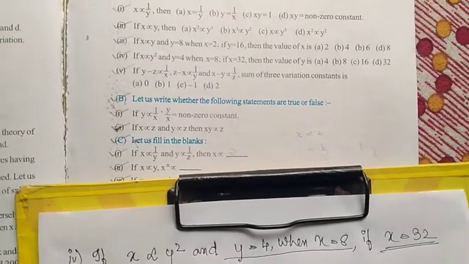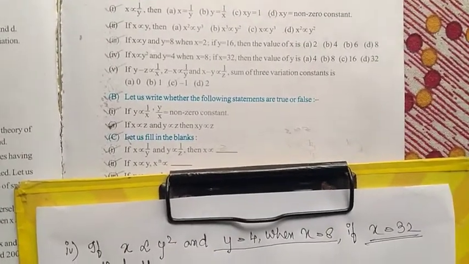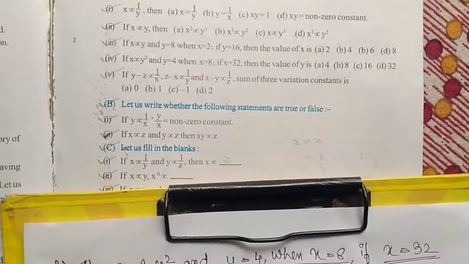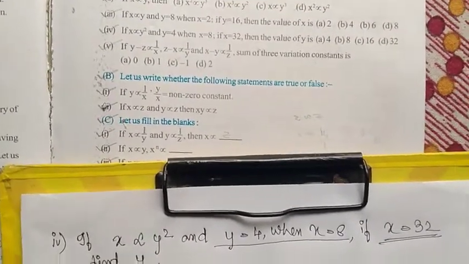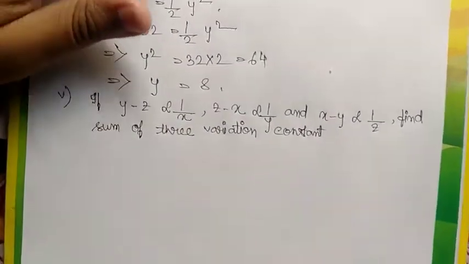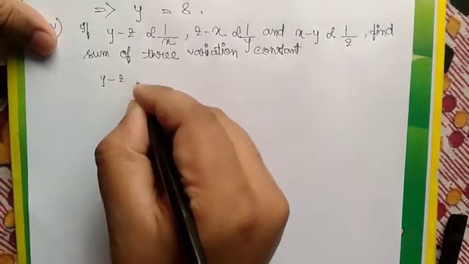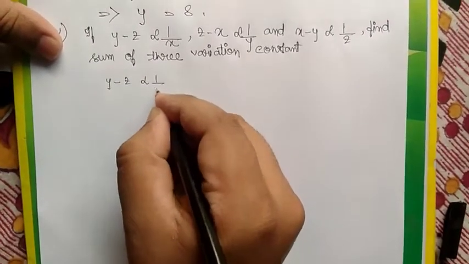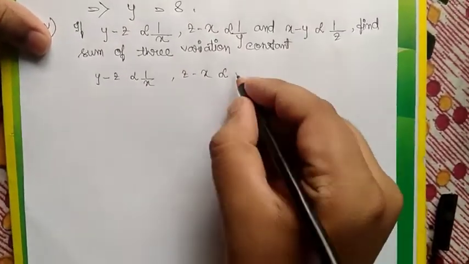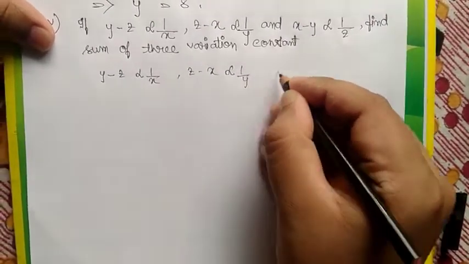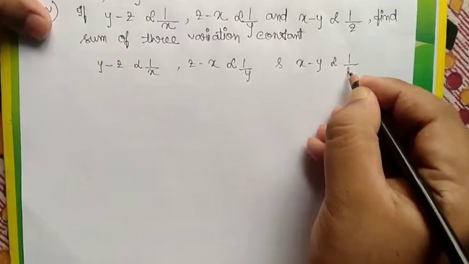This is sum number 5. If y minus z variation with 1 by x, z minus x variation with 1 by y, and x minus y variation with 1 by z, the sum of these variation constants is equal to, we have to find the value. So therefore now we know y minus z inverse variation with 1 by x, z minus x inverse variation with 1 by y, and x minus y inverse variation with 1 by z.